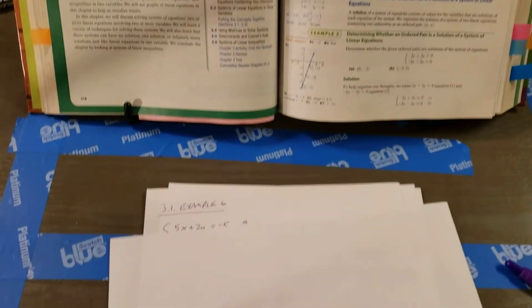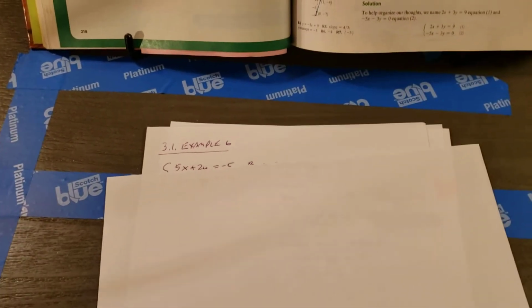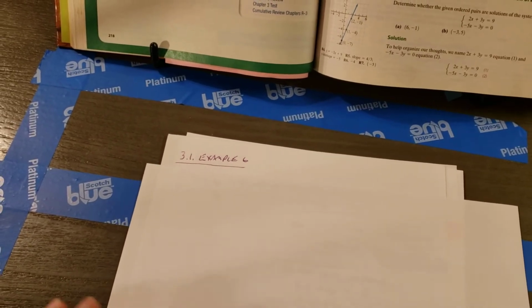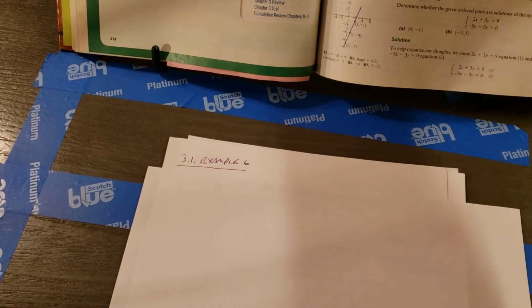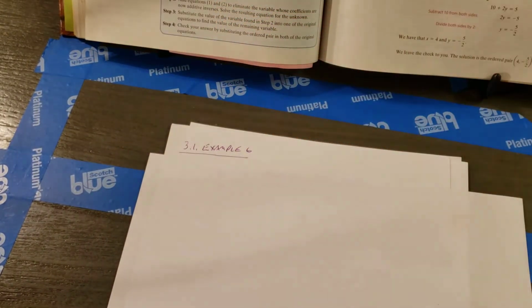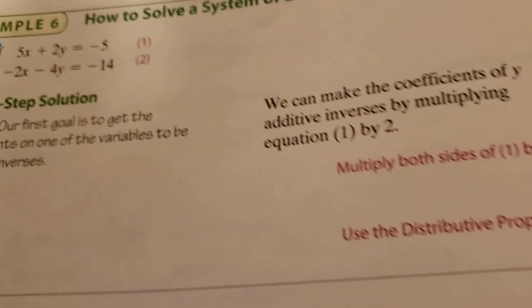All right, so I've got a problem set up here that I want to talk about. In this chapter, and if you're having trouble with my writing, let me show it to you. I'm going to do example 6 from 3.1, and here it is.